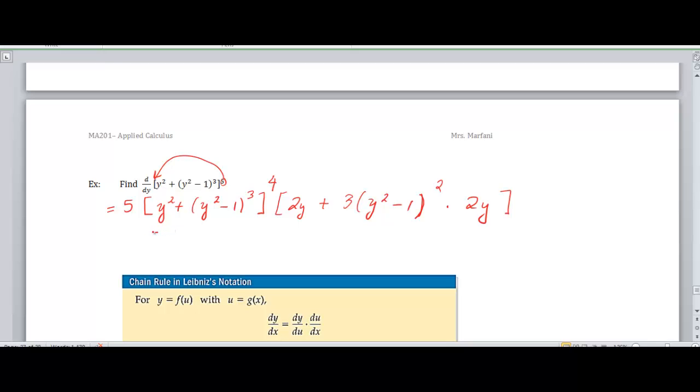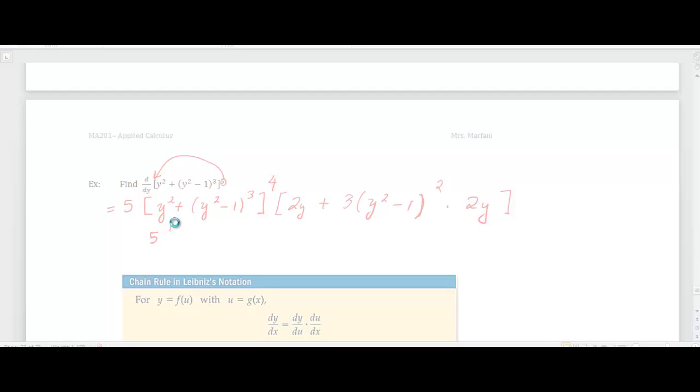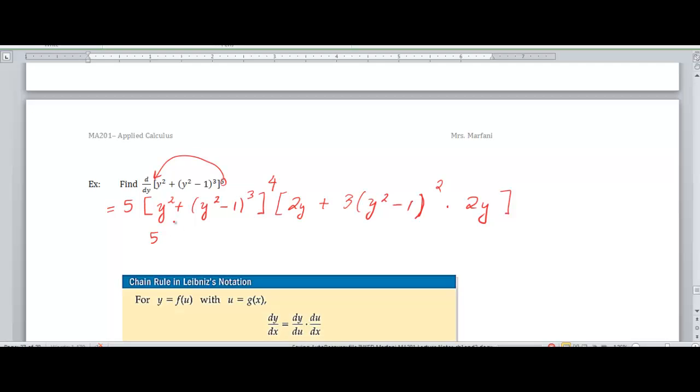Well, we can leave the 5 alone, and then we have y squared plus y squared minus 1 raised to the 3rd raised to the 4th. I don't think there's anything we can do there algebraically.